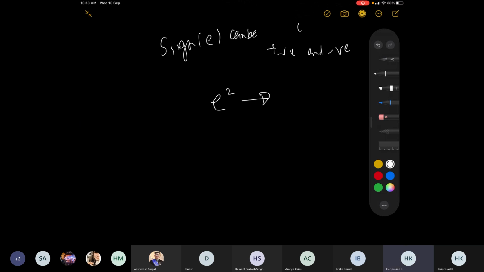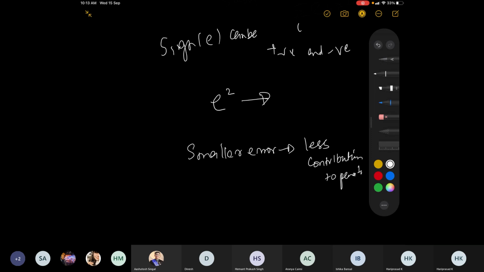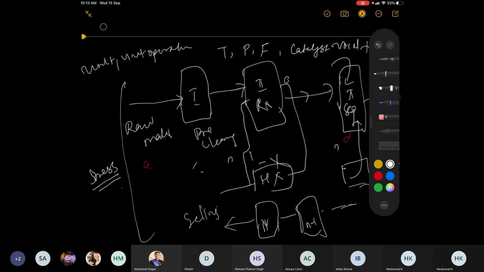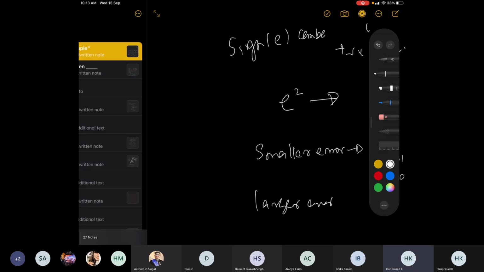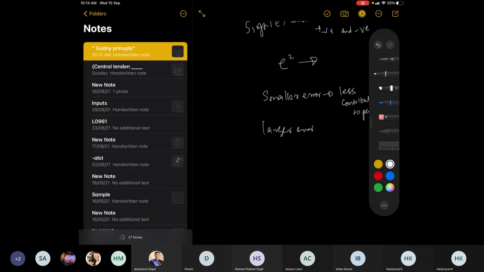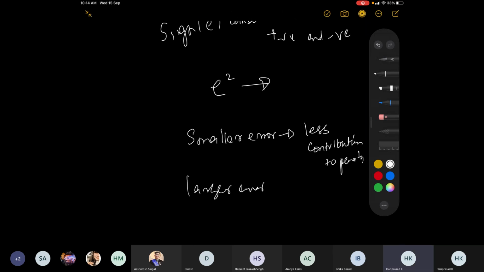If you put a square, the other advantage is that a smaller error means lesser contribution to the overall penalty, and a larger error means significant contribution.